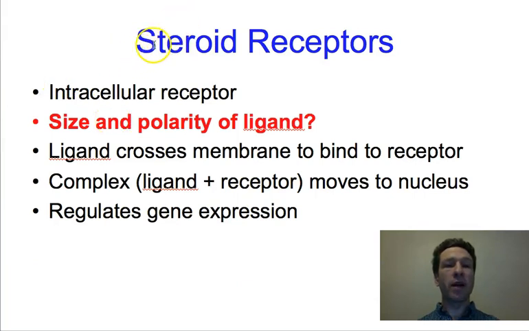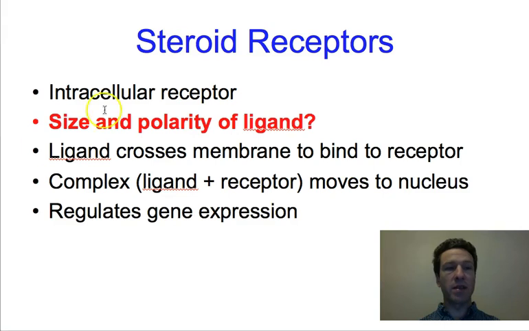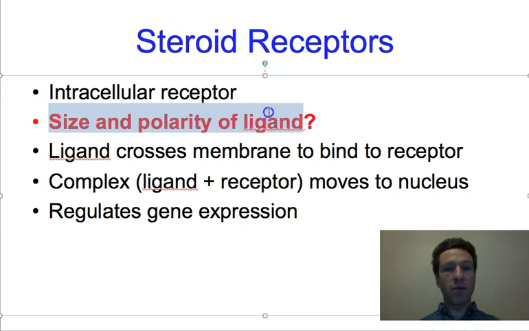So it shouldn't surprise you then that steroid receptors, let's specify that steroid receptors are intracellular receptors. If they are intracellular, then that must mean that the ligand for them, the steroids, are going to be small and they must be nonpolar.